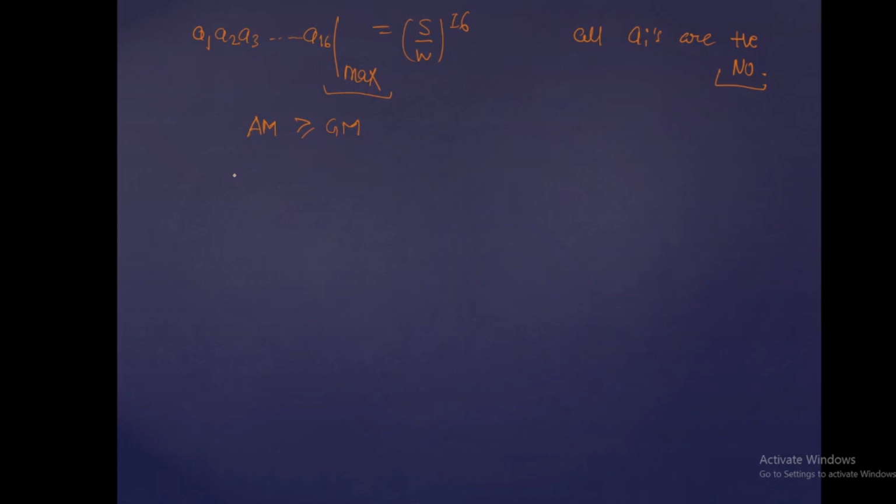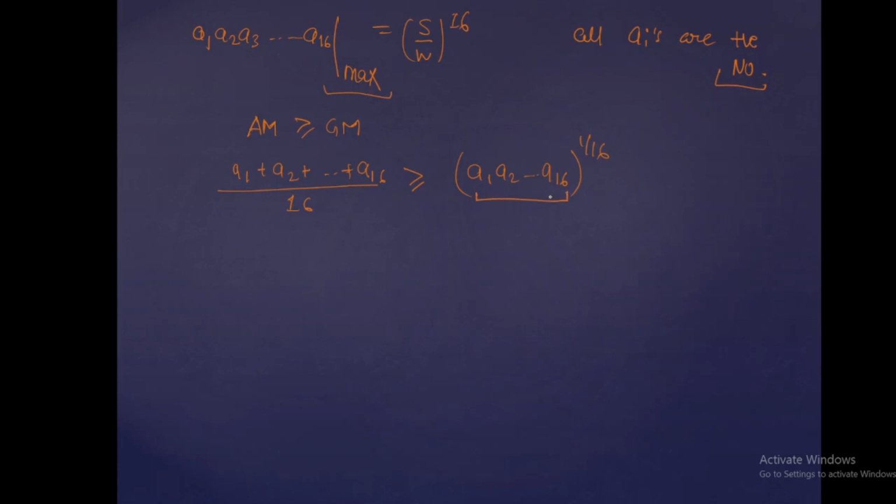So it says that the summation of all the Ai, up to A16, since there are 16 terms, divided by 16 will be greater than or equal to the 16th root of A1, A2, up to A16. Okay.